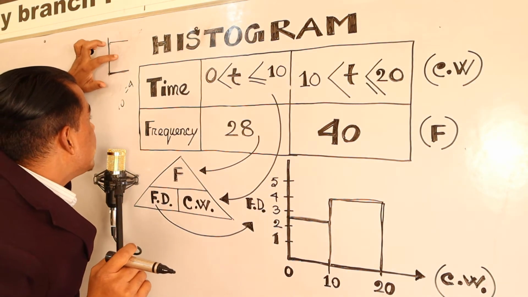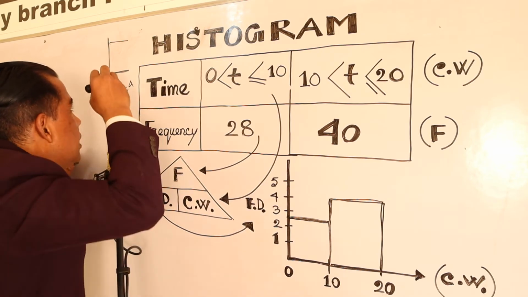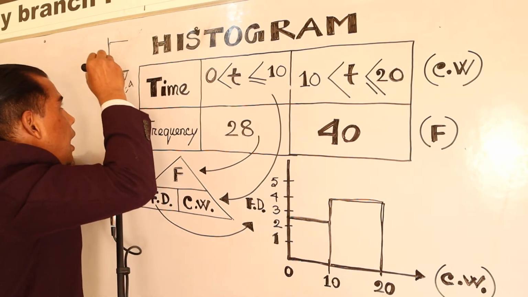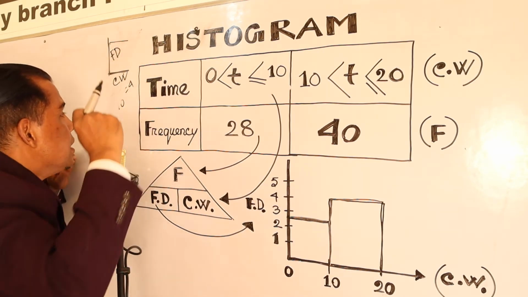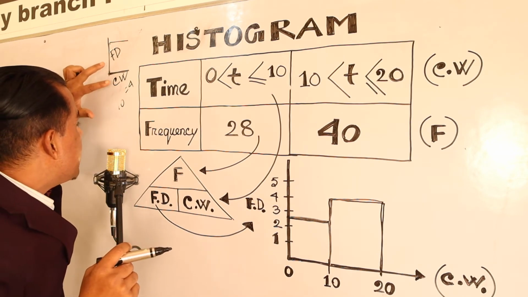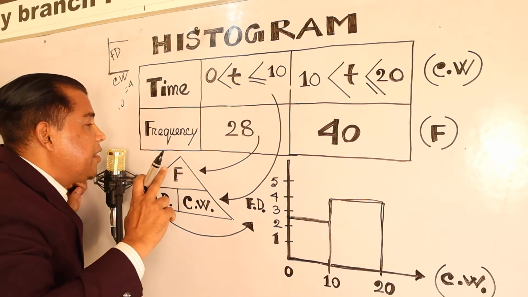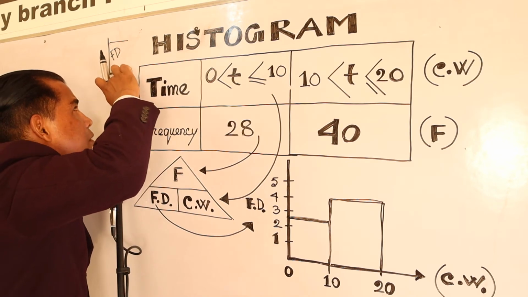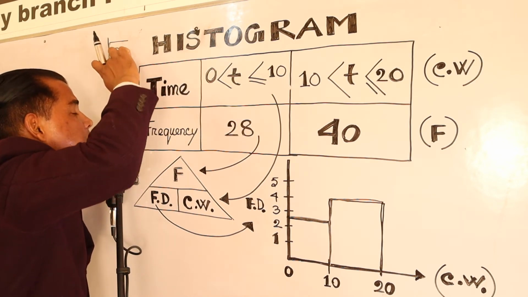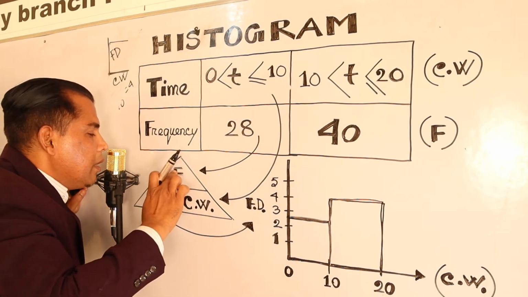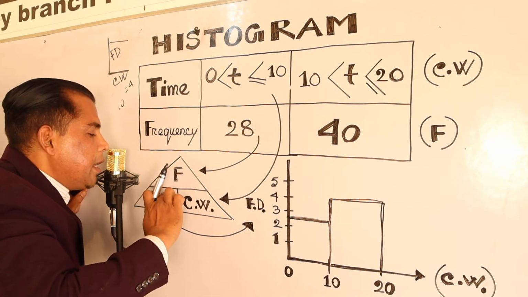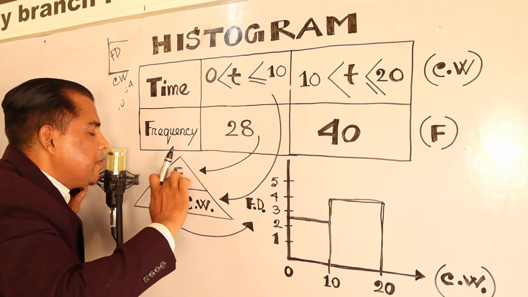For drawing a frequency, this class width and this frequency density, these two data are needed. So be clever. If the class width is given, frequency density has to be found from this division. For getting frequency density, these and these have to be divided.